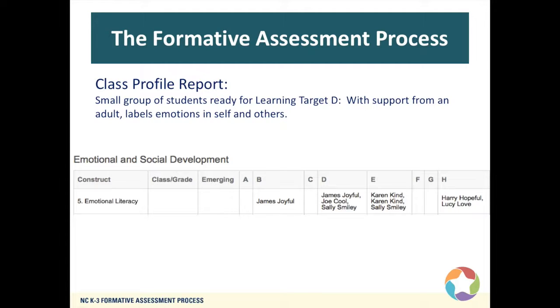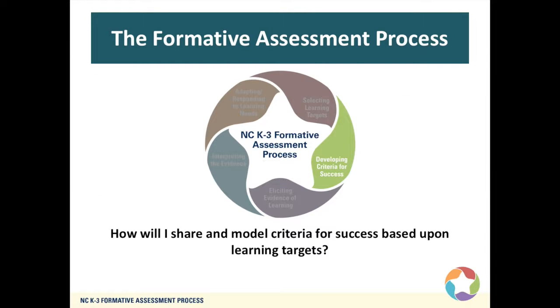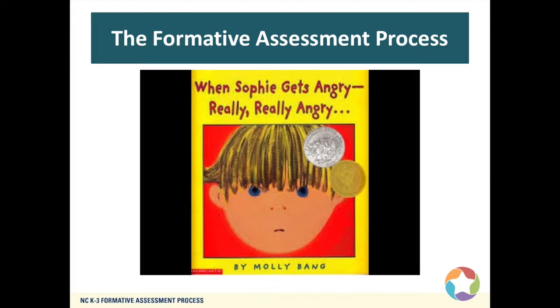This actually leads me to the final critical component that I'll be talking about today, developing criteria for success. Using what I learned during the observations and from the class profile report, I can demonstrate criteria for success for individual students and small groups based upon their learning targets.